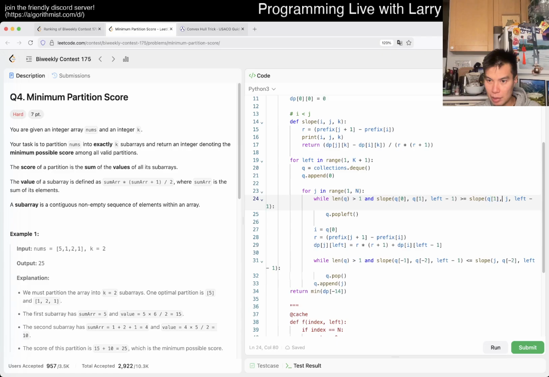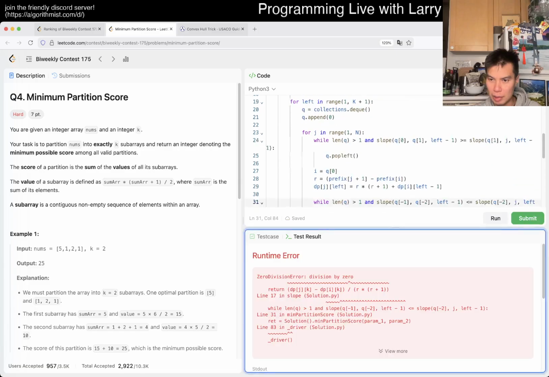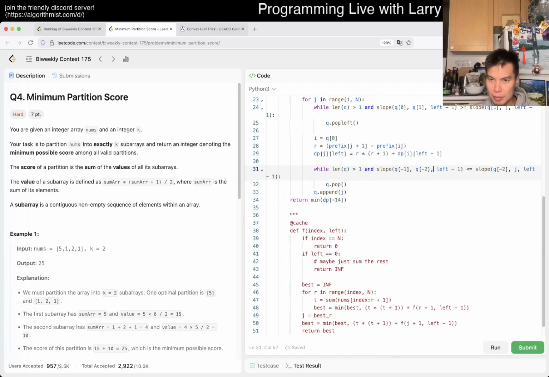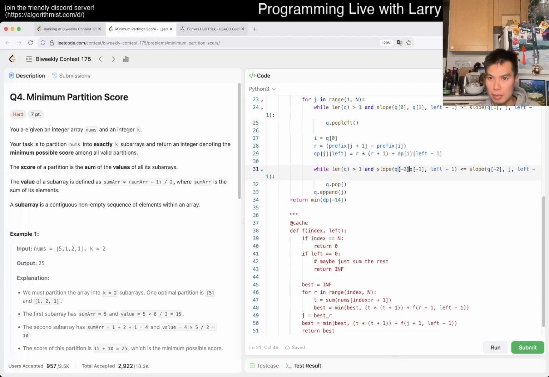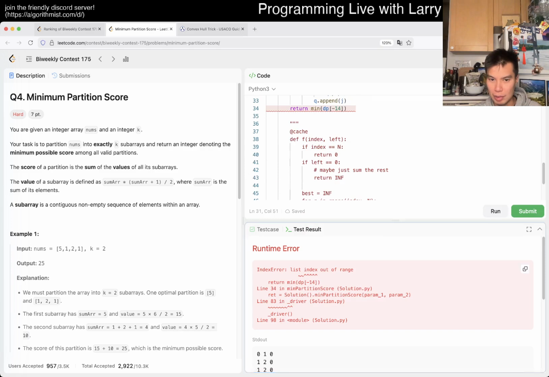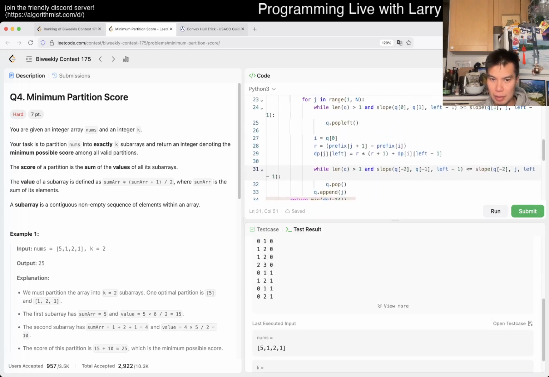That's fine. But I think this one may be wrong. No, the other one. Is that true? I think no. Actually, I think this one is wrong. But well, it's still weird.